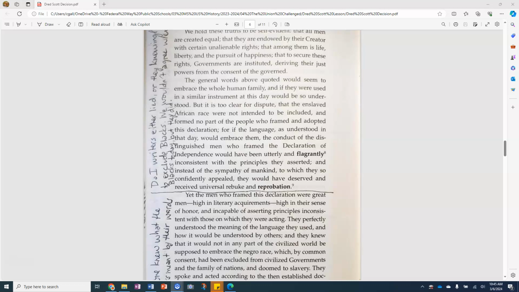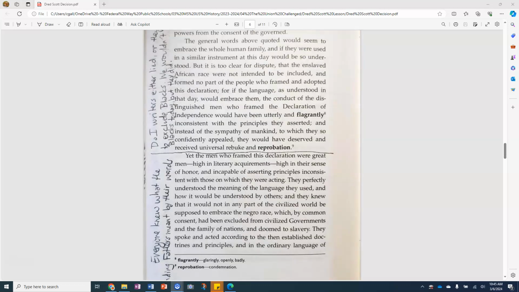And if they had meant to include black folks, they would have been rebuked. Okay, so rebuked is people would have come out against them and said something. They would have received universal rebuke and reprobation. They would have been condemned, is really what he's saying. Okay. All right, back on the text.